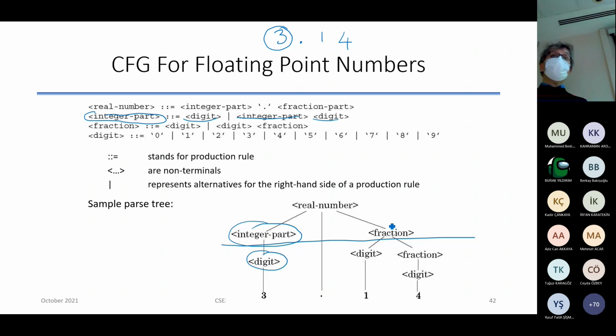Similarly here, fraction part is now this part. I have this input remaining. I can use a digit for 1, but I cannot use just 1 digit because I have 2 digits remaining here. Therefore, I have to use this second rule here: fraction goes to digit and fraction.